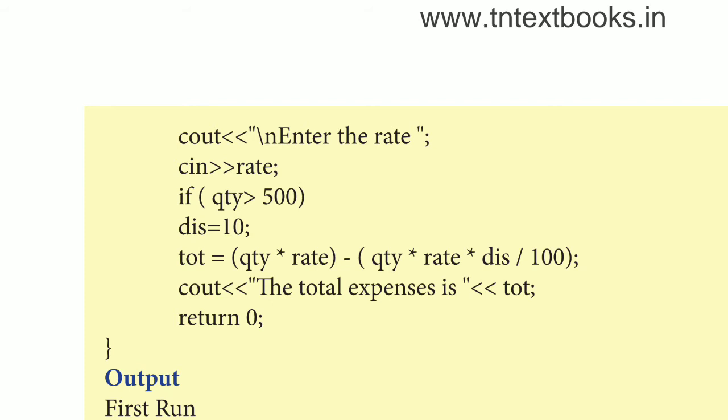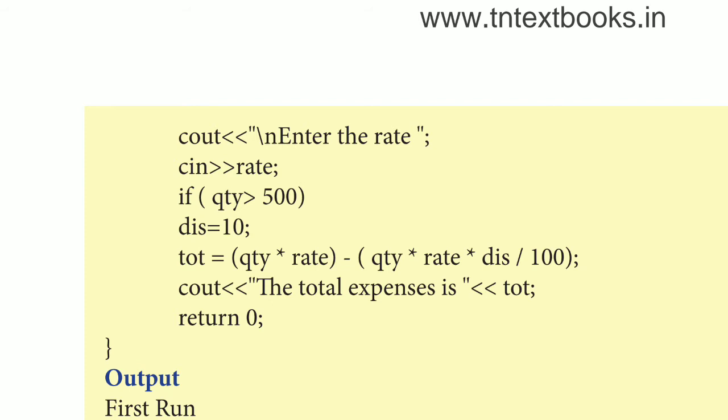Here a compound statement is not used; only one statement is used in the if statement. If the condition is true, then discount is equal to 10 will be executed. If the condition is false, then discount is equal to 10 will not be executed, but the next statement, TOT, will be executed.